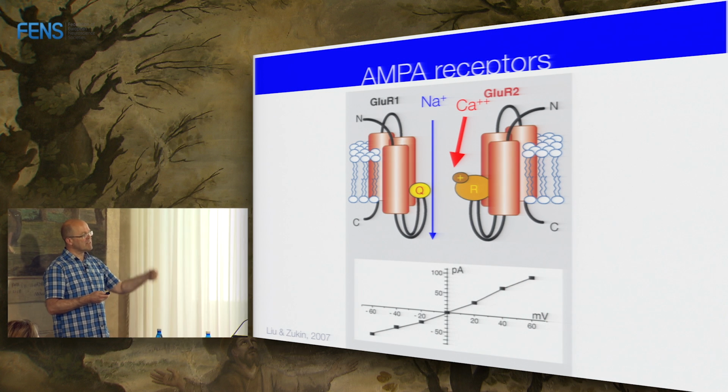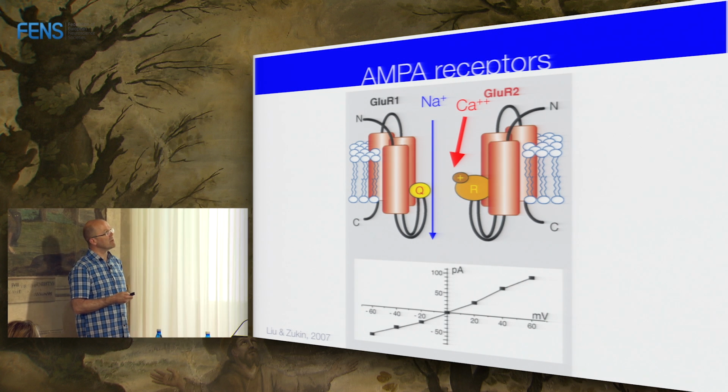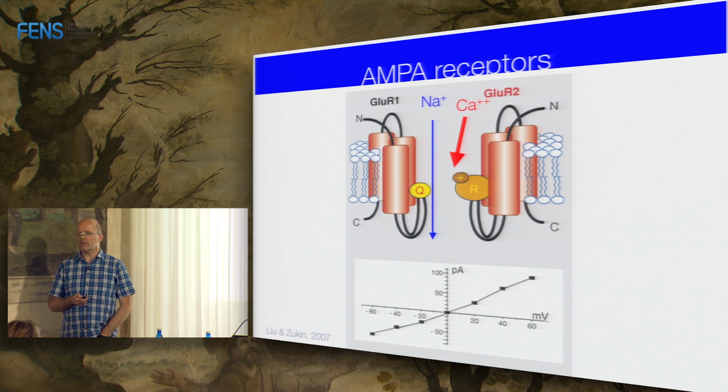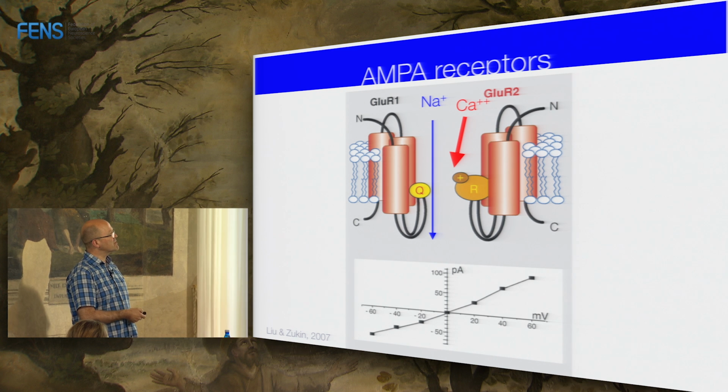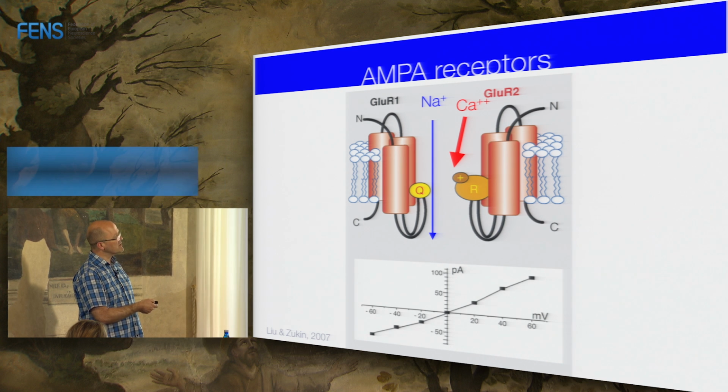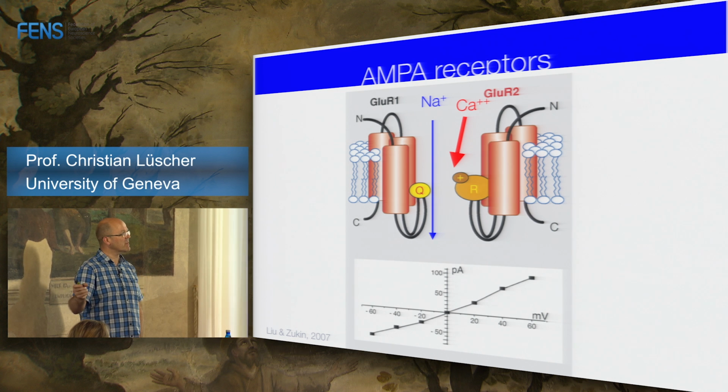Okay, so now what does it mean that this rectification is here? The rectification indicates a specific subunit composition of the AMPA receptors. So AMPA receptors, this is the old nomenclature, so it should be GLU-A1 and GLU-A2, so they're heteromeric channels.